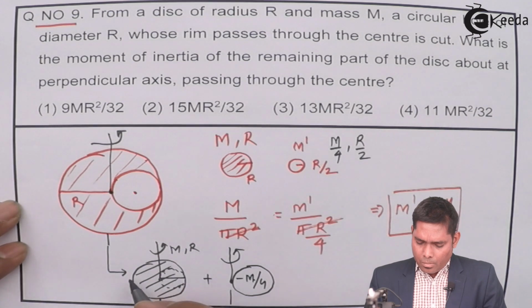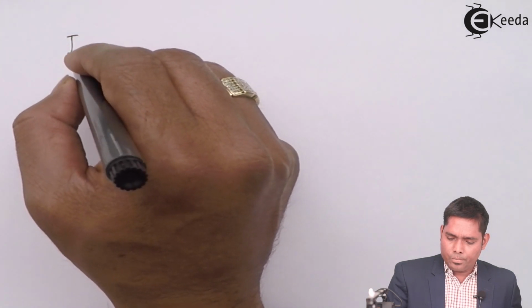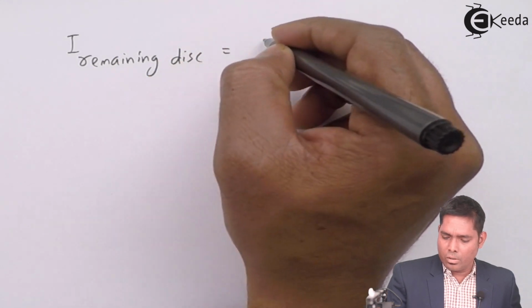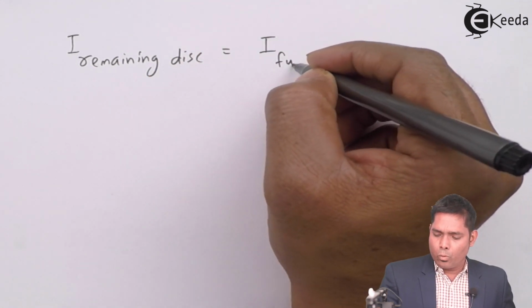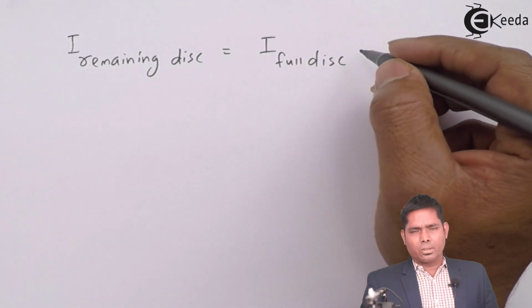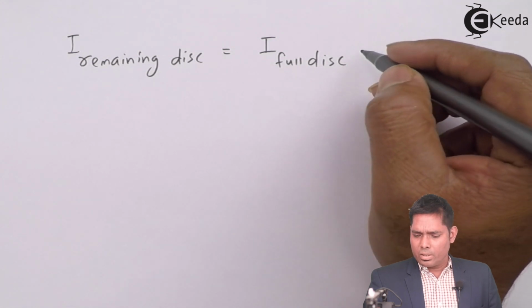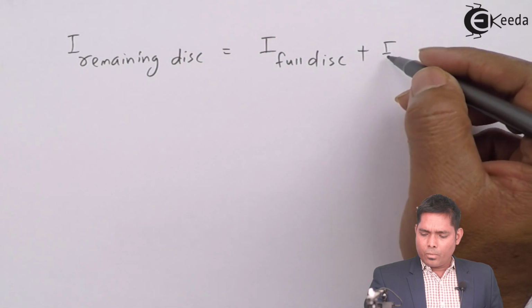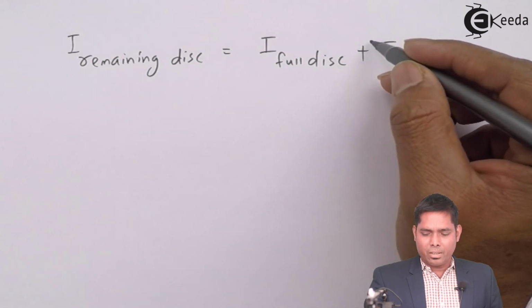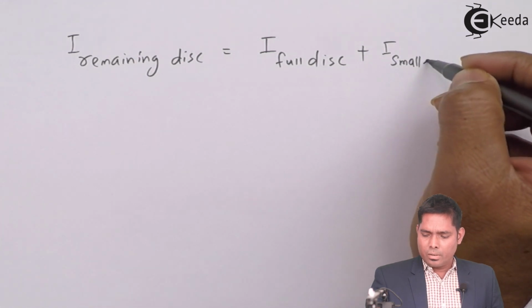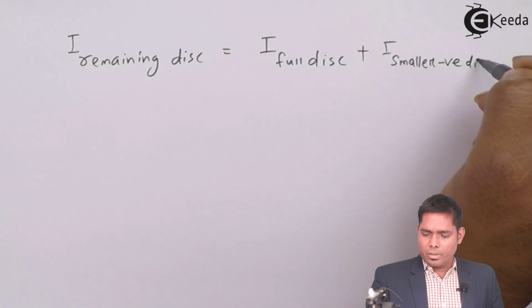So first of all, the moment of inertia of the remaining disk is actually the moment of inertia of the full disk about the axis passing through the center, and the axis is fixed, that I'm not going to change, plus the moment of inertia of the negative mass disk. So I have to basically subtract it, or I'll take mass negative. So I'll take a smaller, negative disk.